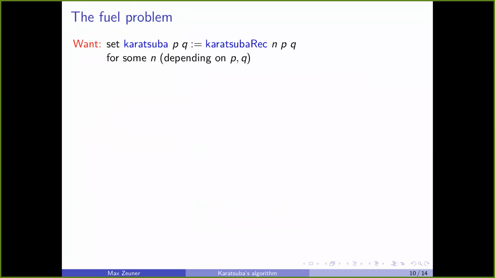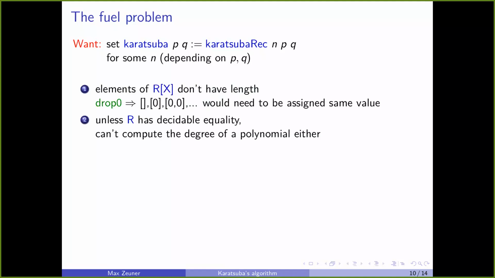And so we want to follow the general strategy. Given P and Q, we want to say the Karatsuba algorithm on P and Q is this fuel algorithm where we pick the fuel big enough, and the fuel can of course depend on P and Q. But here's the problem: we don't have the length of our list of coefficients anymore, right?